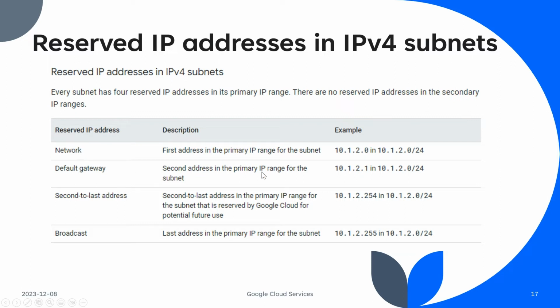The second address is reserved for the default gateway, and the second-to-last address, 10.1.2.254, is reserved by Google Cloud for future use, and the last is broadcast. You know about that, right? The last address of any network is used for the broadcast. So always remember, whenever you create a network, these four addresses have to be reserved by Google Cloud.